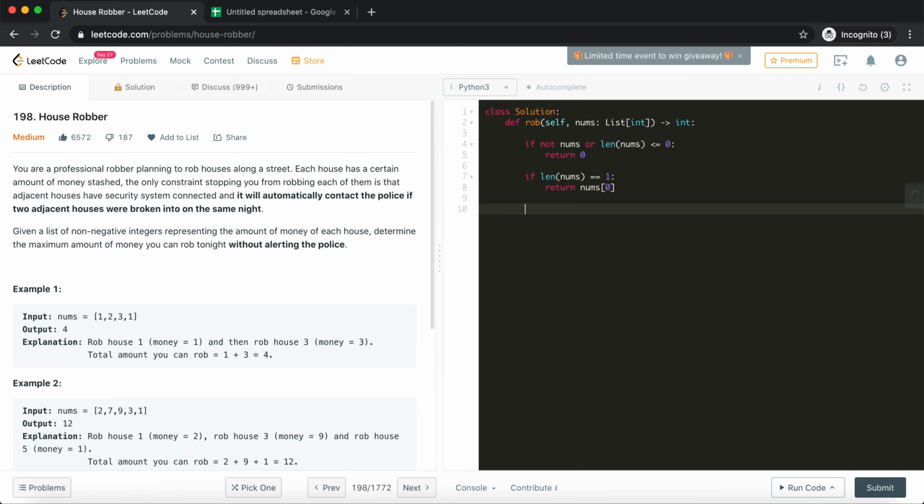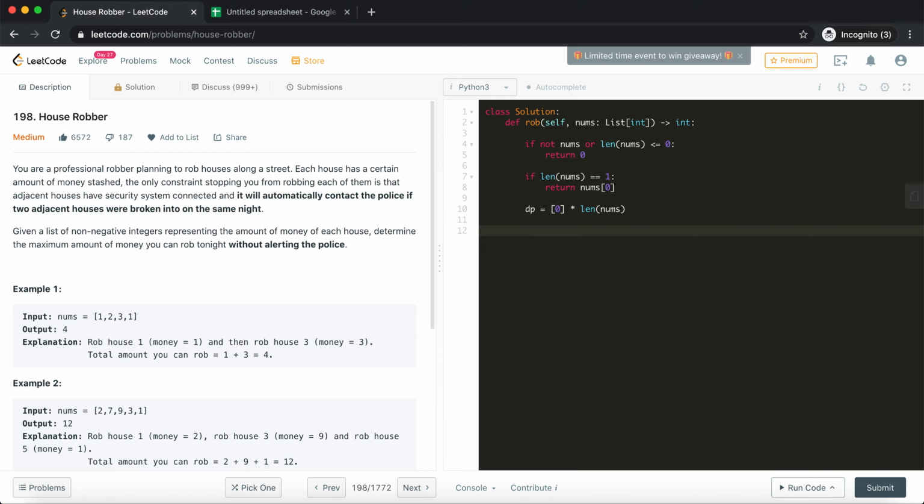Now we will need a DP array, initialized to 0, with the same length as the number of houses available.